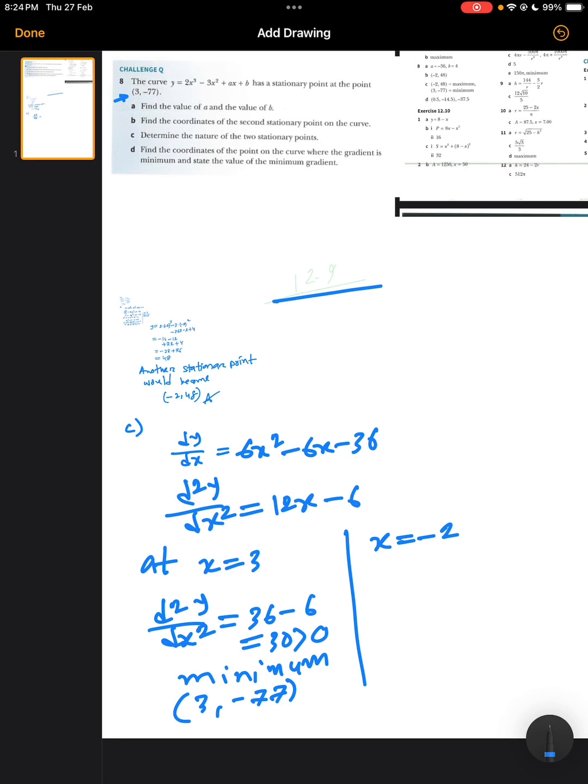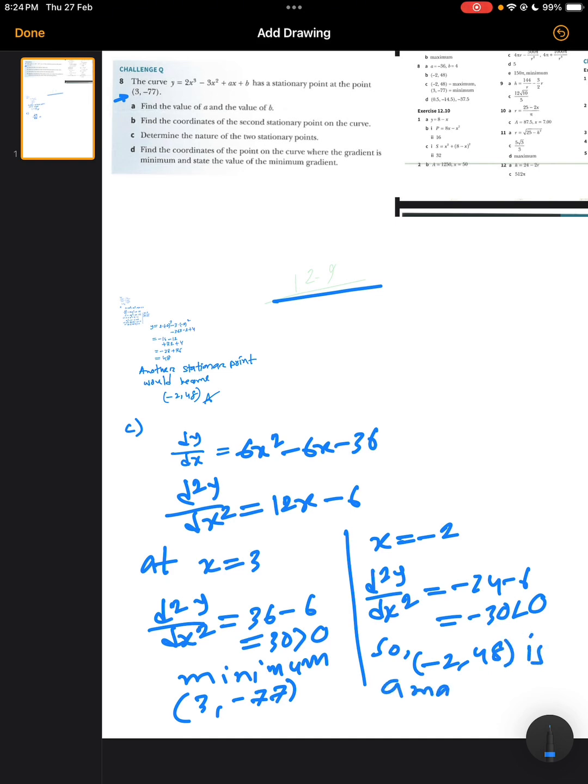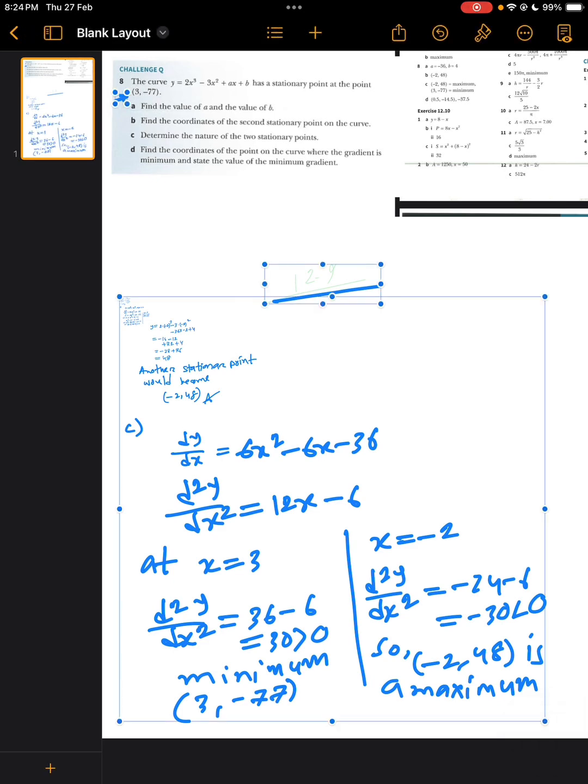And if x is equal to -2, it would become 12 times -2, which is -24, minus 6, which is -30, which is less than 0. So we can conclude that (-2, 48) is a maximum.